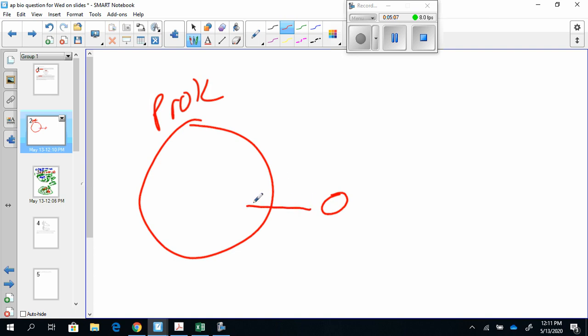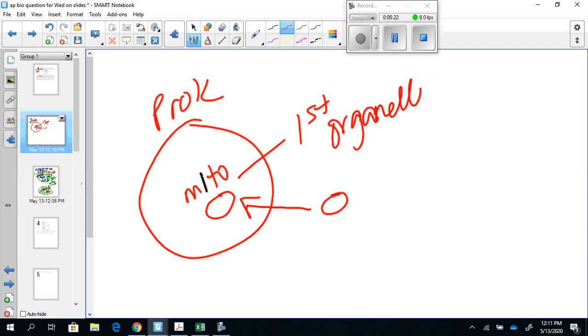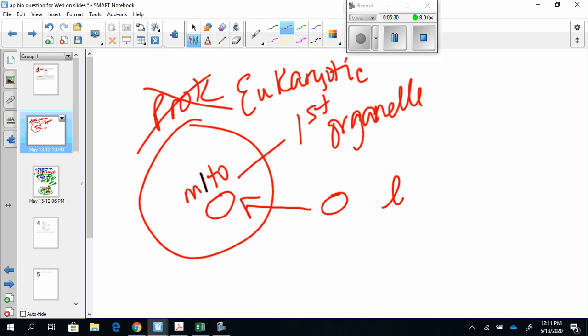So a prokaryotic cell took in this other cell, and now this cell is existing inside of another cell. This is our mitochondria, but it is also our first organelle. This process changed this prokaryotic cell into now a eukaryotic cell, and this process is called endosymbiosis.